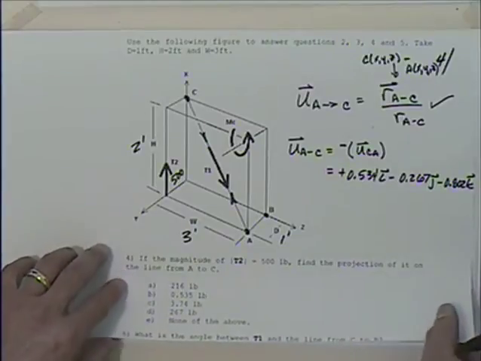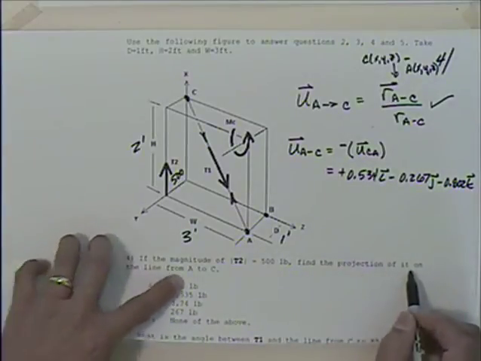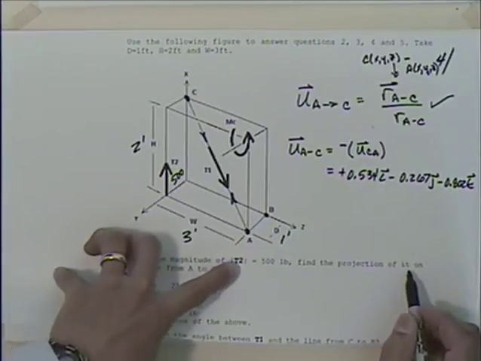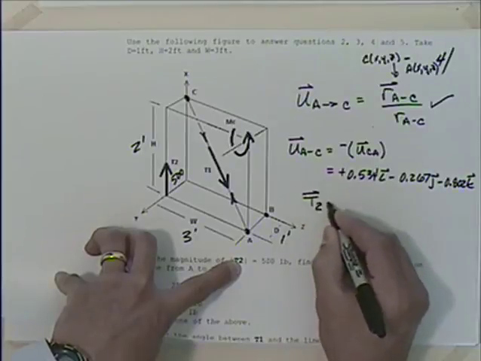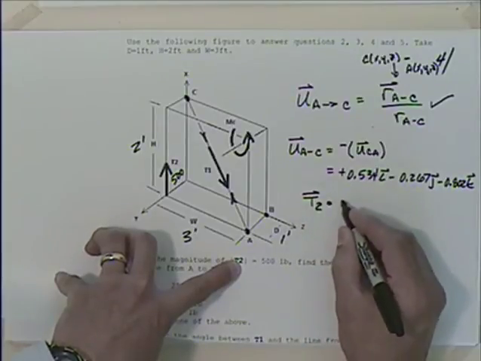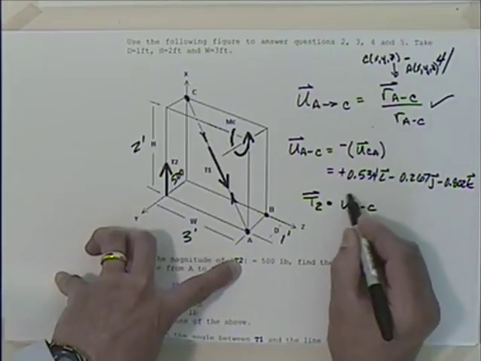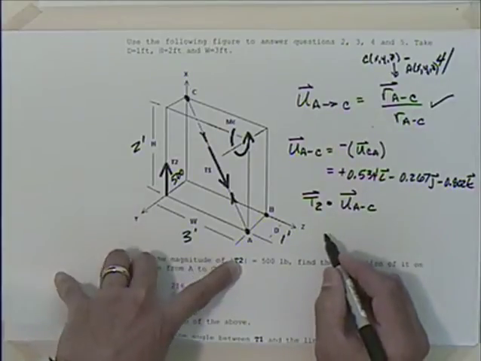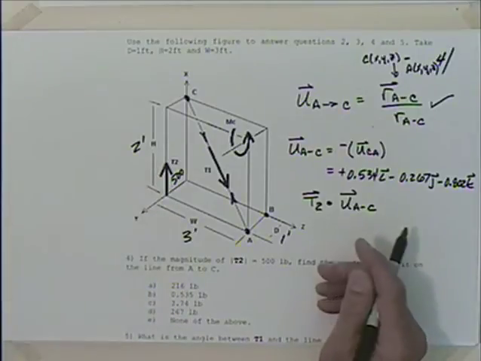So we've got then find the projection of it on the line A to C. So what I need to do is take this T2 and dot it with the unit vector AC. So what's T2? That's really just 500 in the I direction, isn't it?